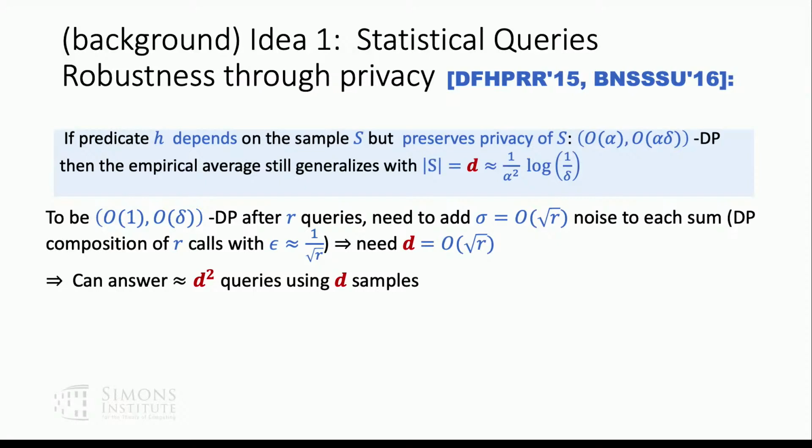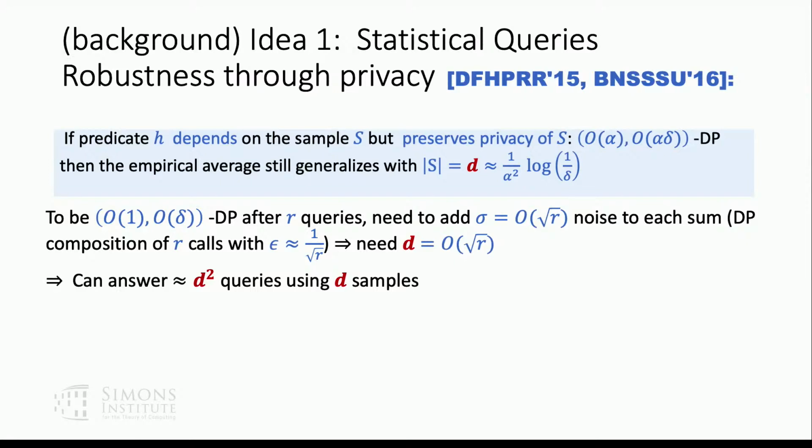So suppose we want accuracy that is fixed, like 0.1. So we need our algorithm, after our queries, to be epsilon of order 1 DP. And then the sums have sensitivity 1.